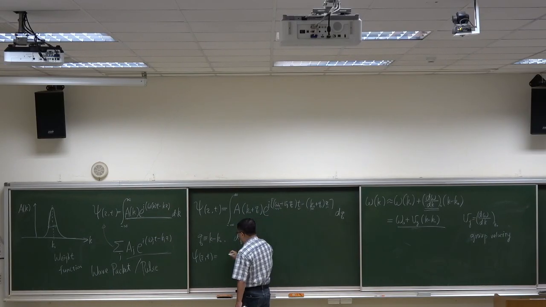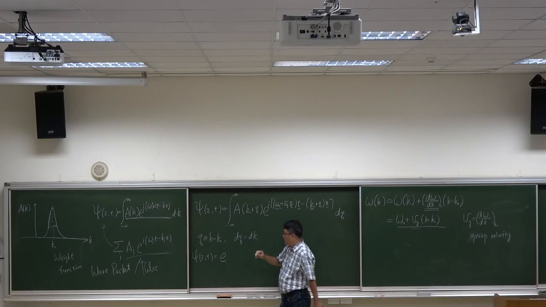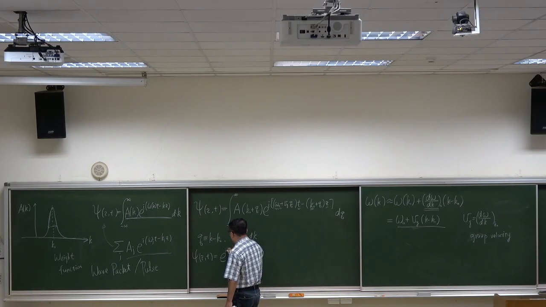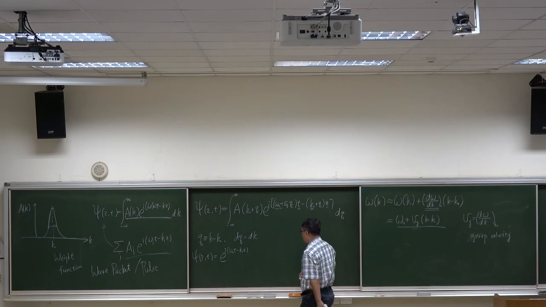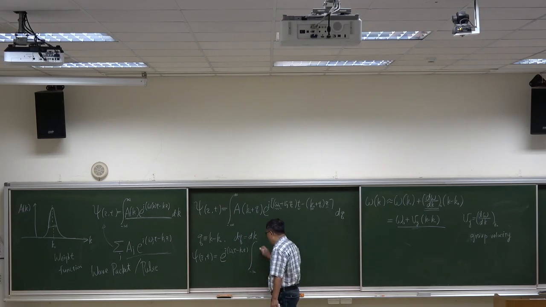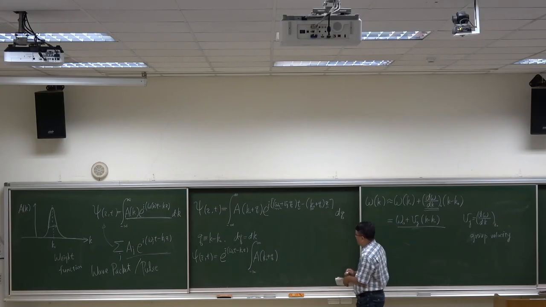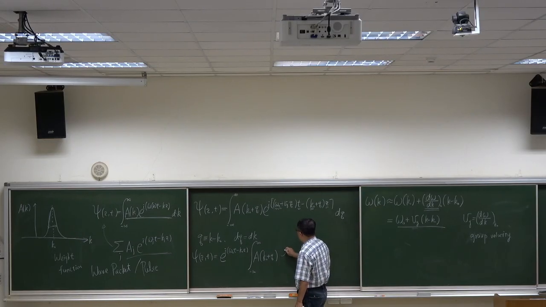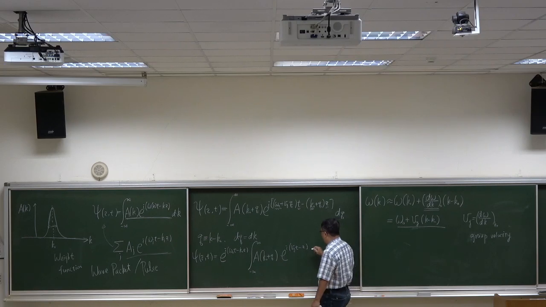This part has nothing to do with the integration, so we can factor it out: exponential i(omega naught t minus k naught z), times the integral of A(k naught plus q) times exponential i(d_g t minus z) q dq.